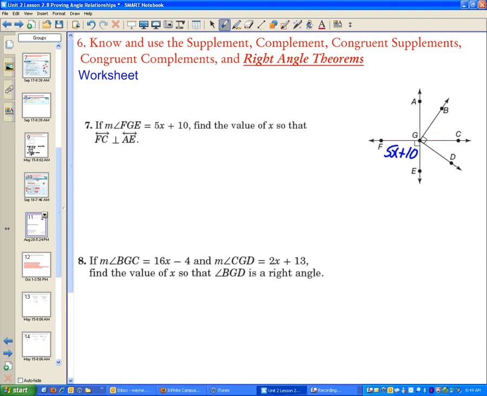So, if 2 lines are perpendicular, what are all 4 of the angles? Right angles. So we've done this before, right? We just take the 5x plus 10, set it equal to 90 because the 5x plus 10 must be the measure of a right angle. And then we solve. What do I do? And x equals.